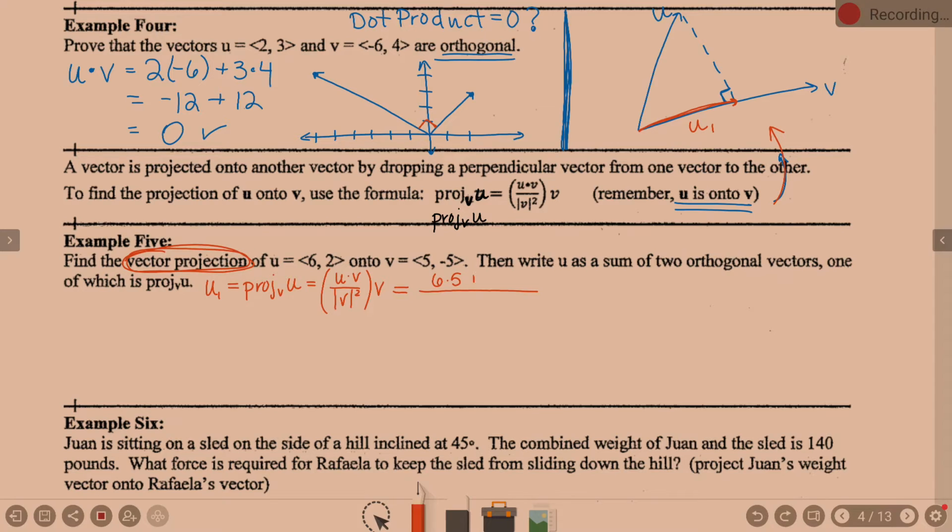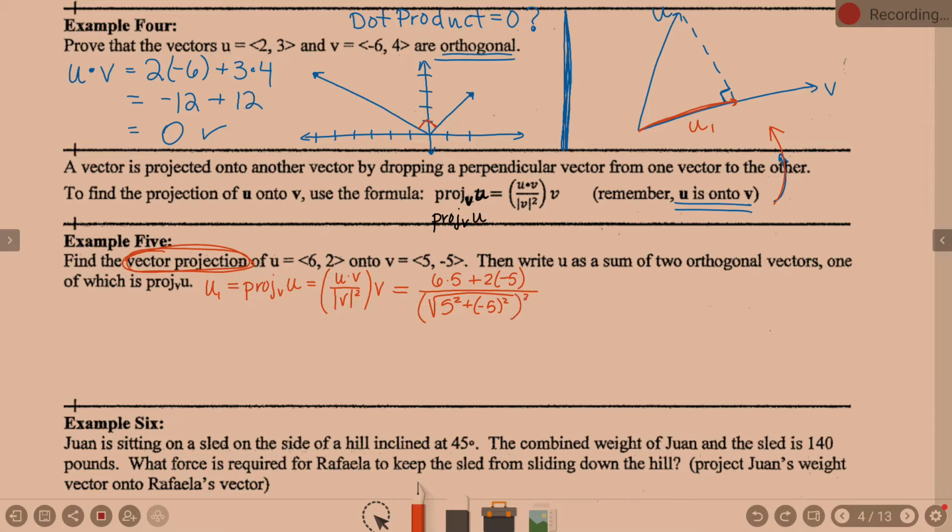6 times 5 plus 2 times negative 5. And I think I'll come back and do that math here in a moment. Now, denominator. Absolute value of V squared. Well, absolute value, that's us doing the length, magnitude, right? But it's squared, which means I'm going to do the square root. I'm going to do my magnitude, the square root of 5 squared plus negative 5 squared.